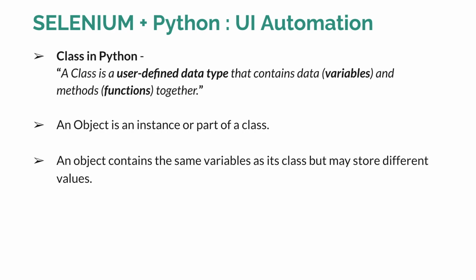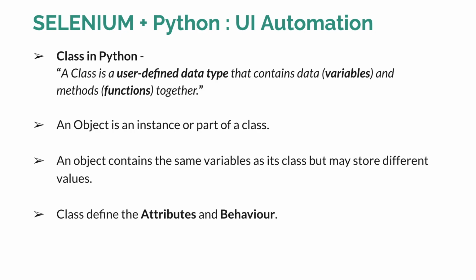An object contains the data of the variables defined in the class. As I told you, a class is a combination of variables and functions, so we can define them as class attributes and class behavior. The variable could be the attribute and the function could be the behavior.